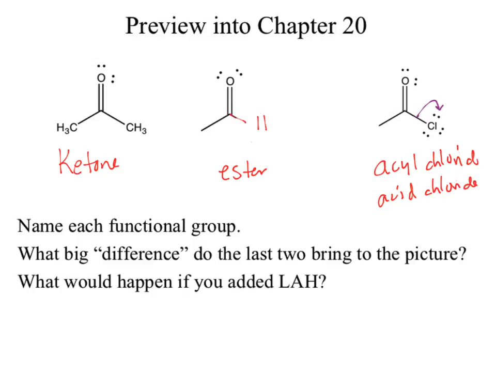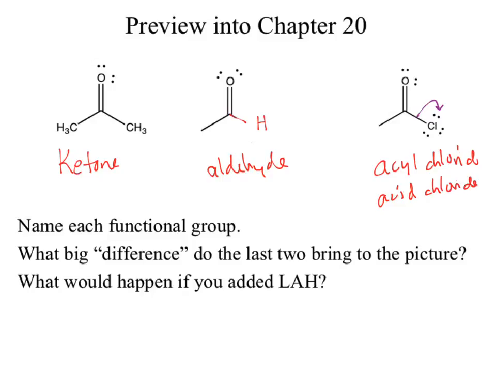We would end up doing a substitution. What is the issue now with this structure? Is it an ester anymore? No, it is an aldehyde. How do aldehydes react in the presence of lithium aluminum hydride? Faster than esters. Which means the first product we get when reacting our carbonyl compounds with leaving groups with lithium aluminum hydride generates a more reactive structure, which means it keeps reacting.